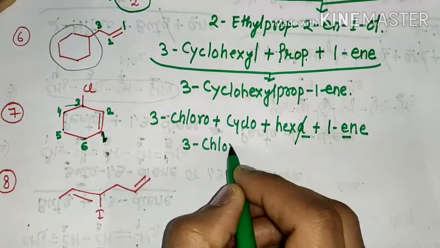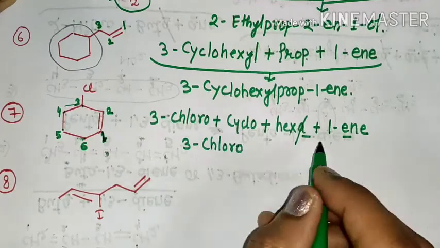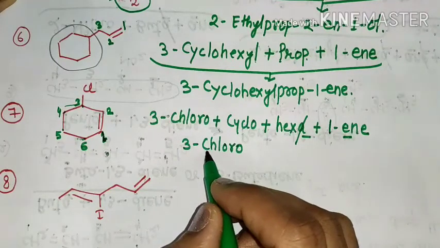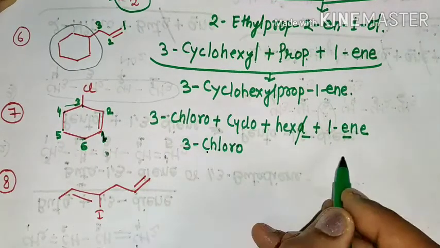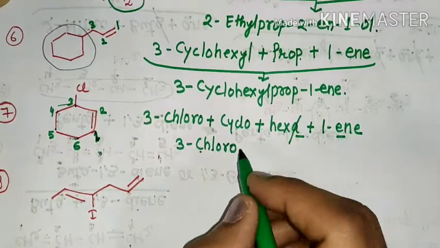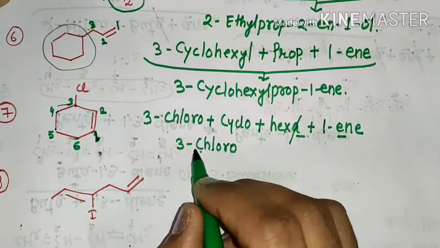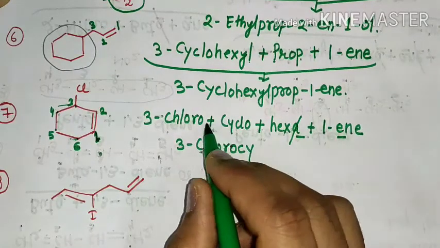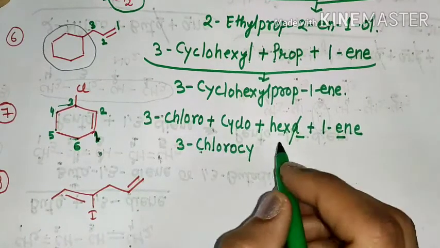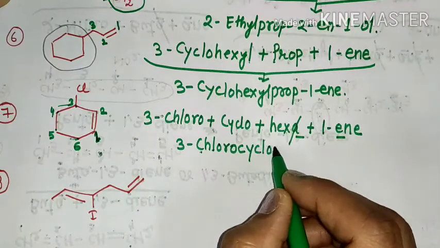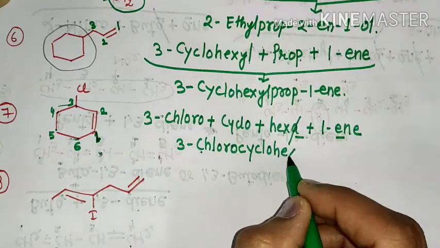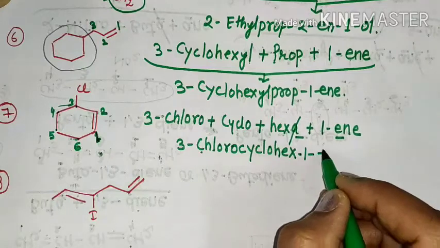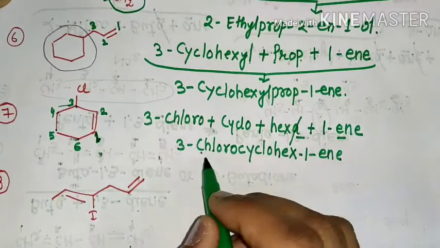3-chloro. In the IUPAC name of any compound, the first letter will be capital and all others will be small letters. We will write them in combined form, just like I combined chloro with cyclo. Cyclohex-1-ene.